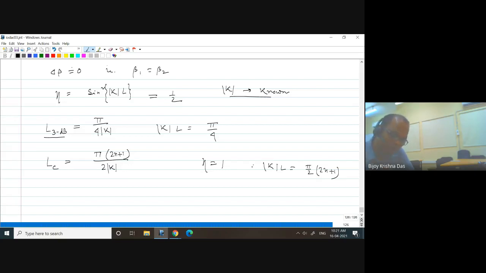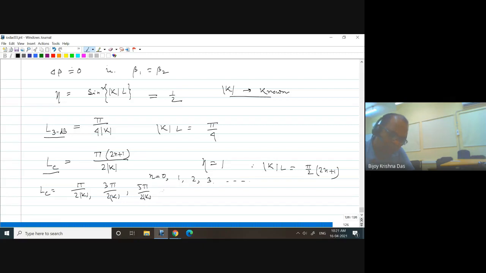That means periodically, if you have some problem designing a particular length for complete power transfer, you can go to the next value. So n can start from 0, 1, 2, 3 and so on. So LC values you can consider as pi by 2 kappa, then for n equal to 1, 3 pi by 2 kappa, and 5 pi by 2 kappa.